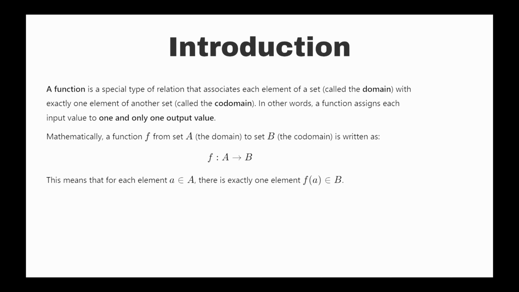Now, there are a few things that you need to remember, that whenever I'm mapping this, so this mapping, or we can also call it association, this is always unique for functions. So mathematically, a function from set A to set B is written as f: A → B. This means that for each element of A, there is exactly one element in set B.